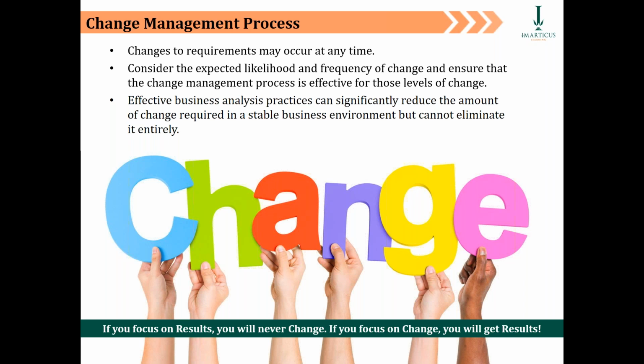So a change process is nothing but, when you get additional changes, you trigger a process which will keep that addendum scope beyond your baseline so that your existing project timelines, project cost, and project scope are not disturbed.